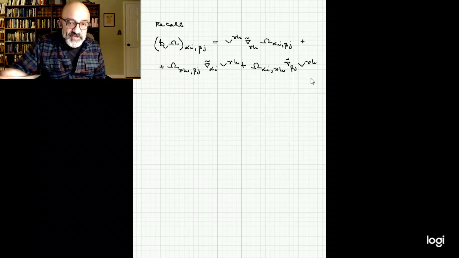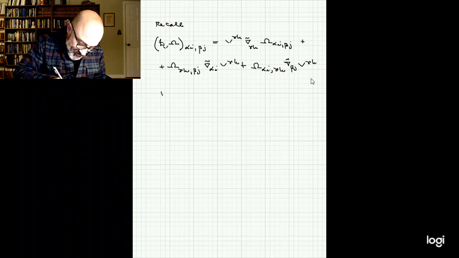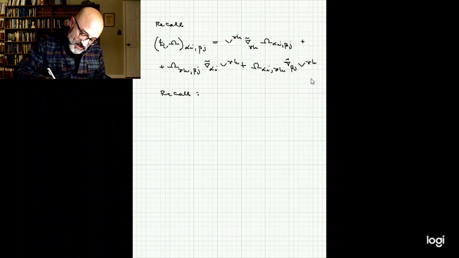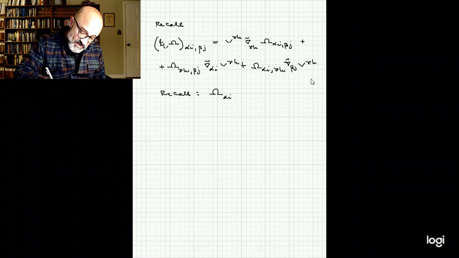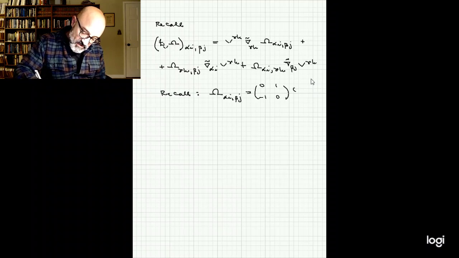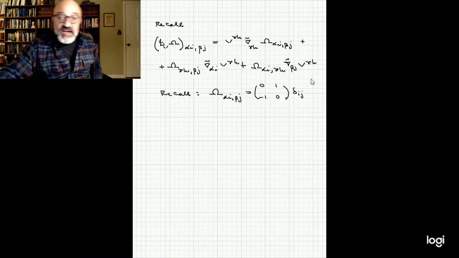Recall also that the symplectic form has very simple components. It was basically zeros and ones and minus ones, and it takes this form.